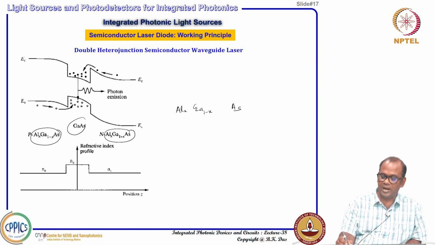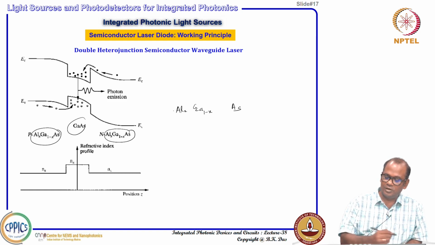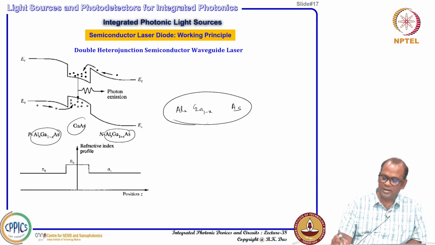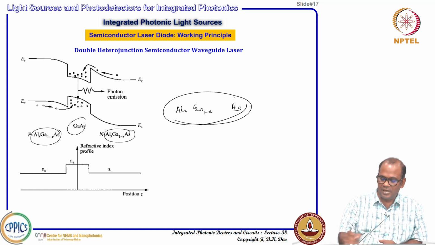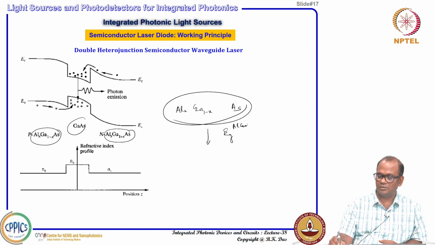A certain number of gallium atoms are replaced by the same number of aluminum atoms. If you make such a compound alloy, then you will see that the band gap will go up, for example, Eg for AlGaAs is greater than Eg for gallium arsenide.